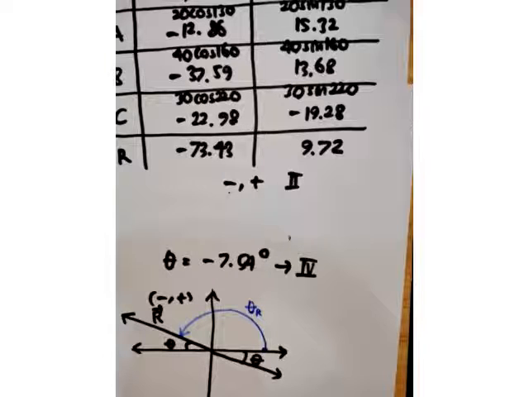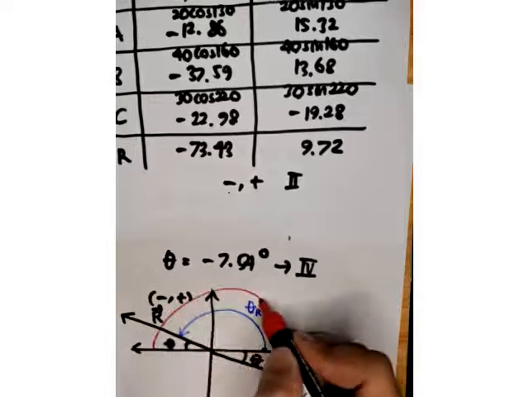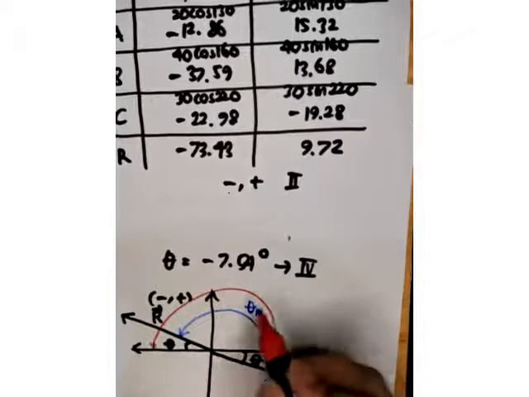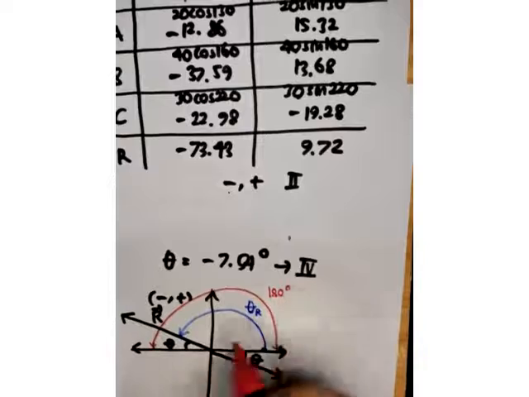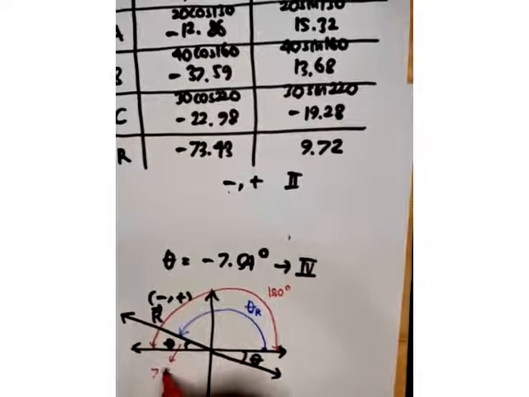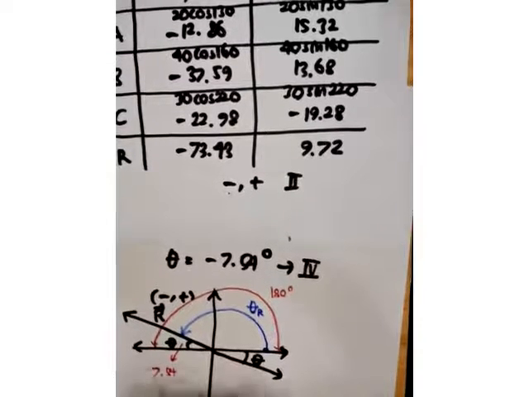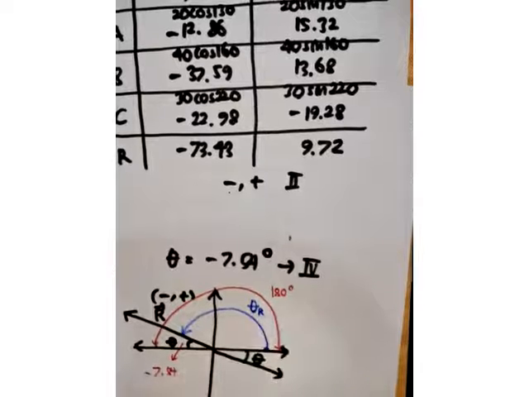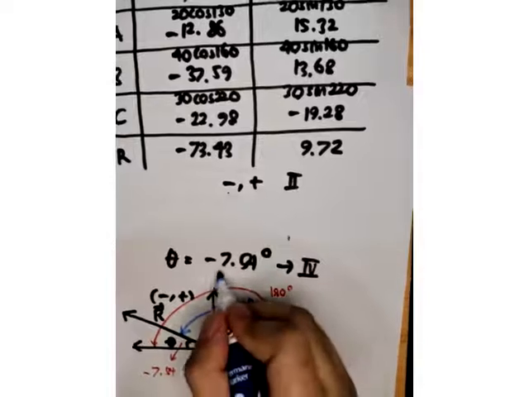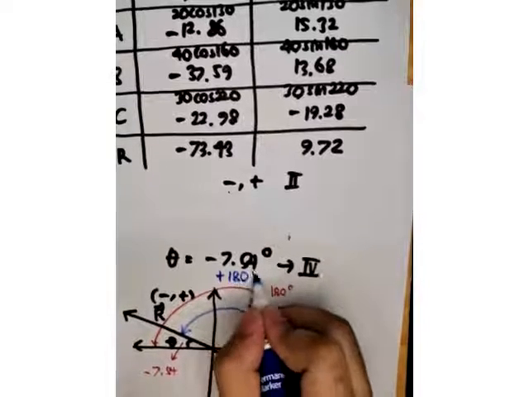Okay? So, ang alam natin ay, ang buong ito ay 180 degrees. Ang itong part lang na to ay 7.54. So, ang gagawin natin, negative yan, so mag-add tayo ng 180 degrees.